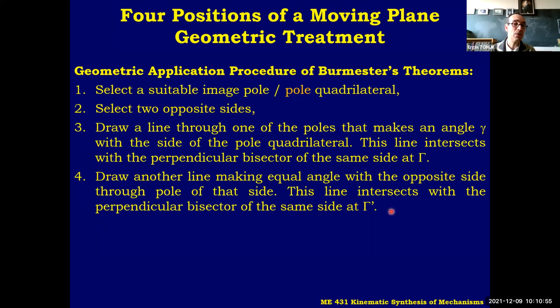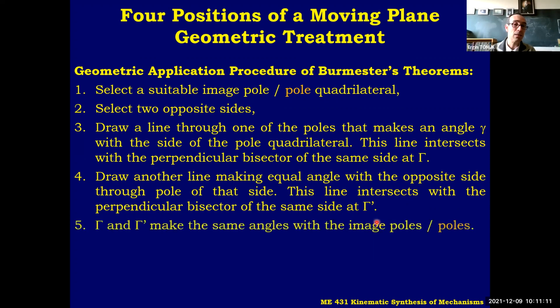This line intersects with the perpendicular bisector of the same side you have selected at gamma prime. So we do the same thing twice for different sides, and gamma and gamma prime make the same angles with the image poles, or the regular poles for the center point curve. So this is for circle point, this is for center point.